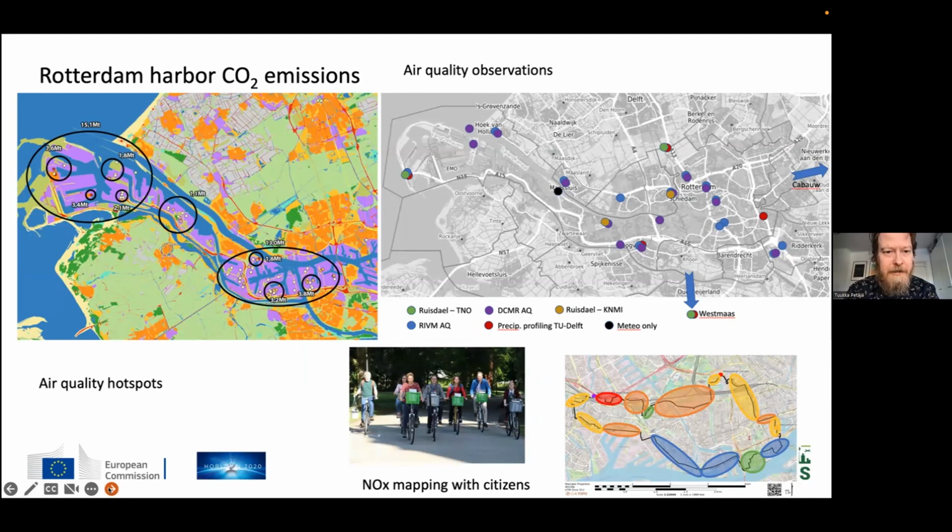There are very high intensity activities in the harbor area with high CO2 emissions, and the team is distributing air quality observations around the harbor area, and also utilizing citizens and volunteers to bike around the area to map out, for example, NO2 concentrations within this specific area.